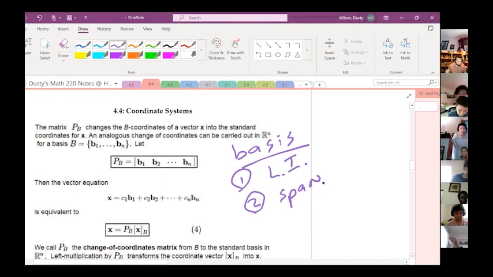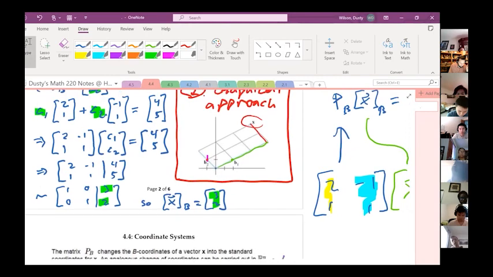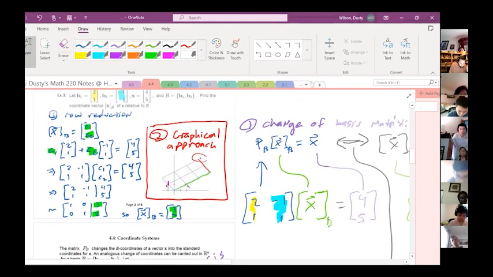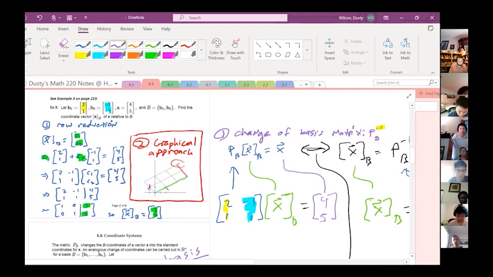And so when we were last together, we did this example where we said, if you have this basis B1 and B2 and some vector X, we could ask ourselves, how do we talk about vector X with respect to this new basis? We did it once using row reduction.